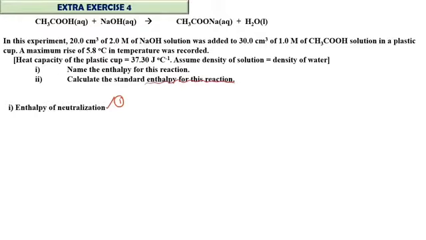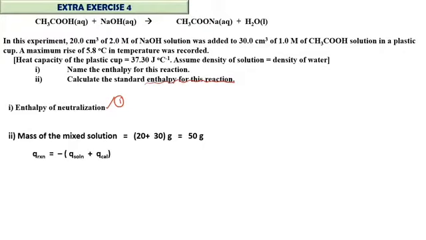And then number 2, calculate the standard enthalpy for this reaction. So, kita kena cari Q reaction dahulu. Okay, sama dengan berapa? Gunakan formula Q reaction equals to negative Q solution tambah Q cal. And then, mass solution ni dah kira dah. MS stand for the mass solution, 50 gram lah sebab kita dah campurkan 20 cm3 dengan 30 cm3.